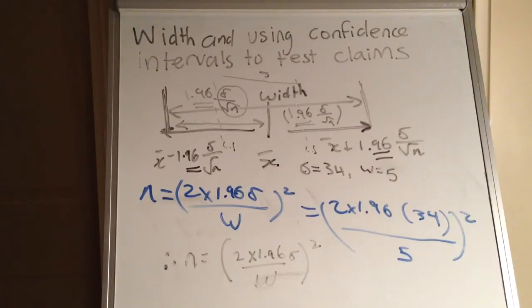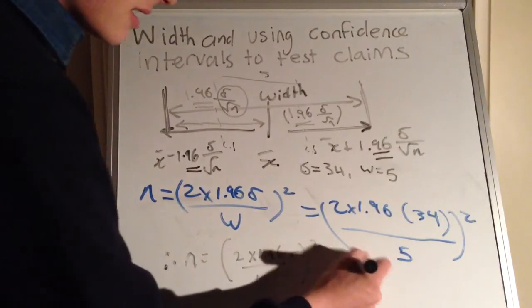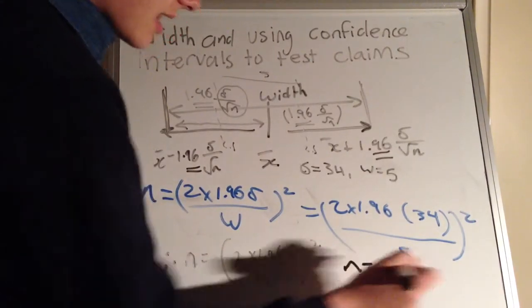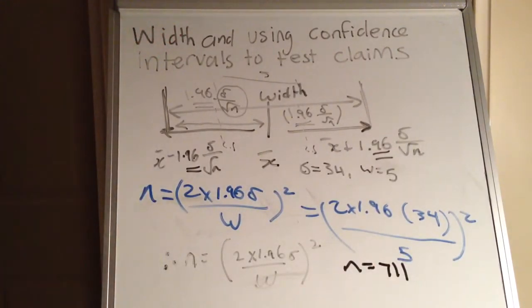I've told you that trick before. You use the alpha function, then you press y equals, and then you press 2. When you go through that and calculate it, you should end up with a value of N equal to 711. So 711 samples are necessary. I've done a teeny bit of rounding there to the nearest sample.